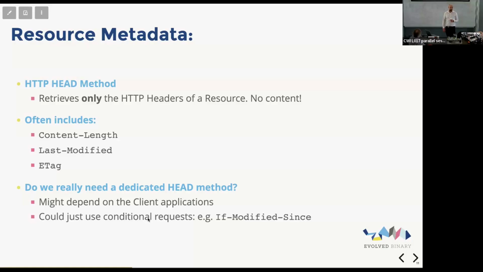And when you do a GET request, when you ask for a document, you can send this If-Modified-Since with a date, and if the server has a newer version, it sends you the document. And if it doesn't, it just sends you the headers, the same as what you would get from head. And it says no content, which means the document hasn't changed since the modified date. So I think we could eliminate this head method and just use a condition on our GET requests, which is kind of nicer because it's less endpoints to worry about in our API.